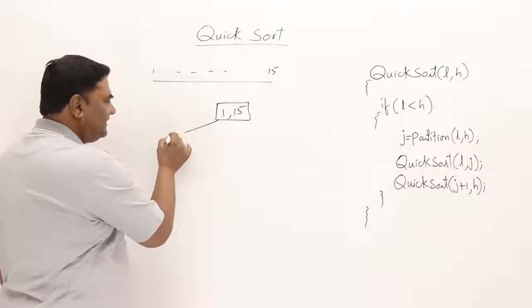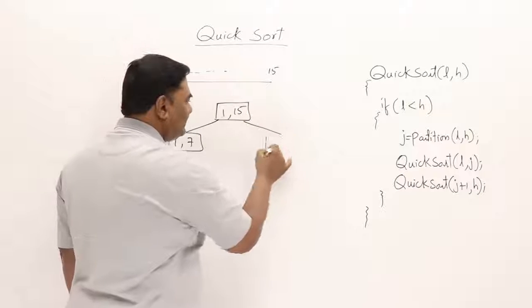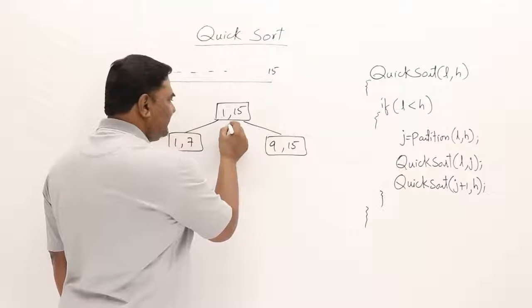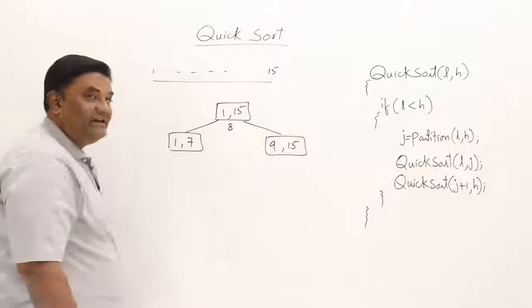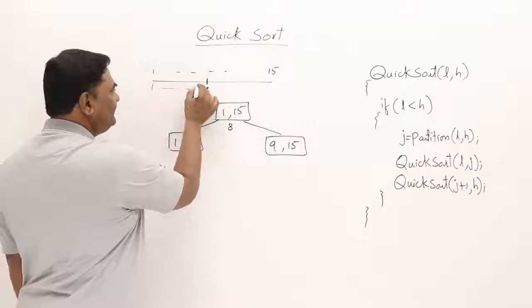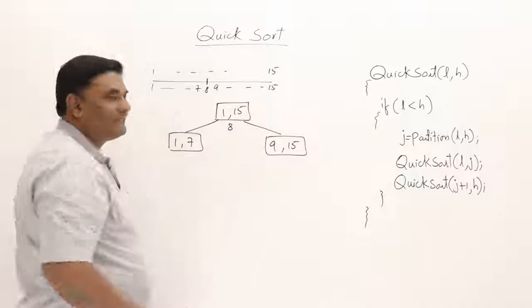Then I am getting elements from 1 to 7 on this side and 9 to 15 on this side. So partitioning was done at index 8, that is at the middle of the list. So elements 1 to 7 are here and 9 to 15 on this side.